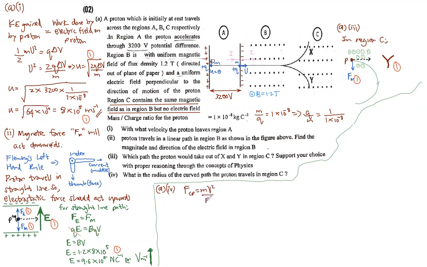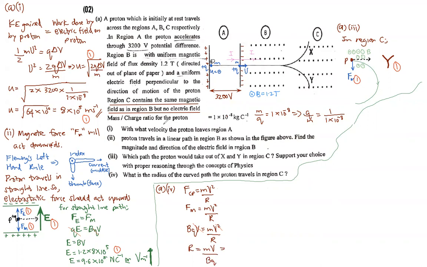Centripetal force is going to be the magnetic force Fm, equals mv squared over r. And instead of Fm, you can put bqv equals mv squared over r. So v is going to get cancelled out, one of the v's. R is what we are supposed to find out. R is going to be equal to, just like the previous question, mv over bq.